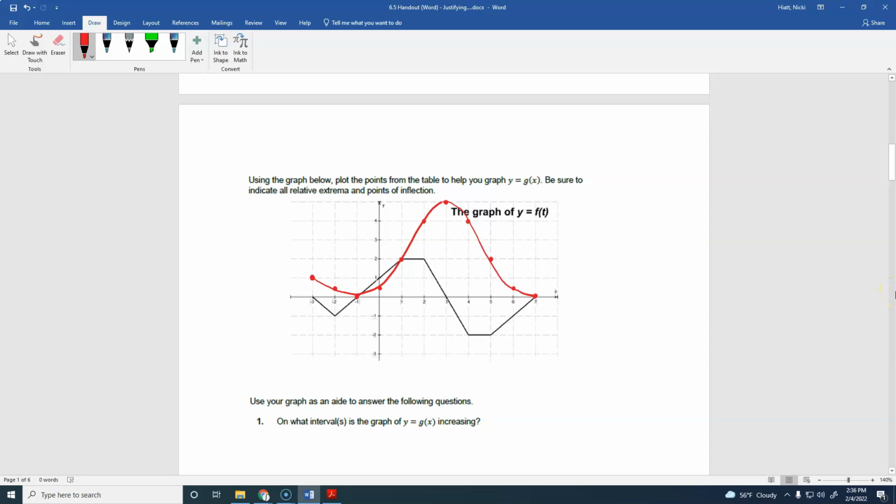So, the graph that was already there for us, that is our f of t, and then this graph that I have just graphed here, this is our g of x. I think they've got an X on the axis here, right here. So I think we would use an X for that.